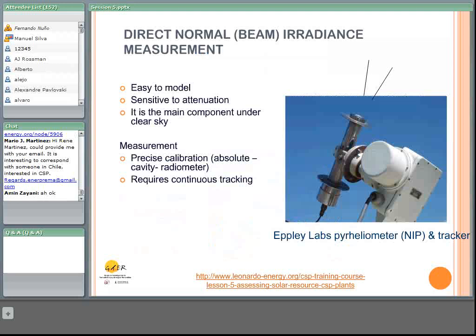The direct irradiance is sensitive to attenuation, and it's the main component under clear sky. The pyrheliometer, well, I won't go into details of the devices, but it can be calibrated very precisely with an absolute cavity radiometer.